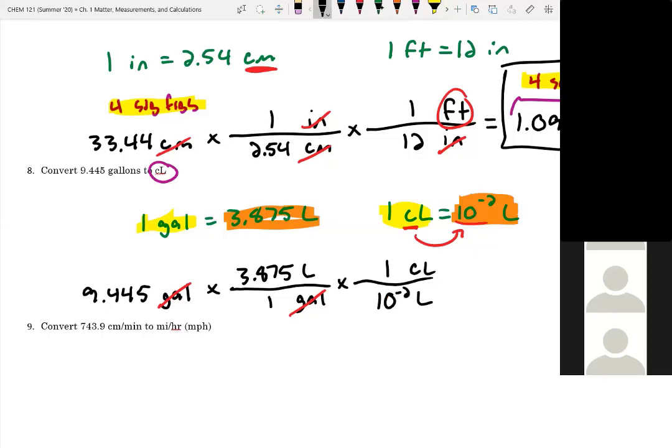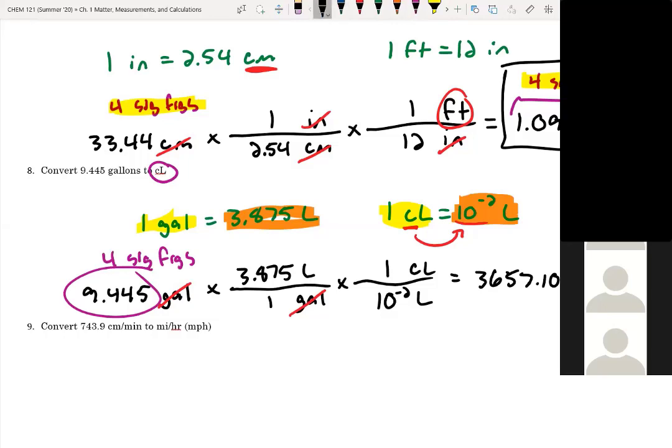So let me check on my calculator. I actually didn't prep this one. So I've got 9.445 times 3.875. And I'm getting 3657.104. However, because we started with 4 sig figs over here, let's just try to keep 4 sig figs in our final answer.